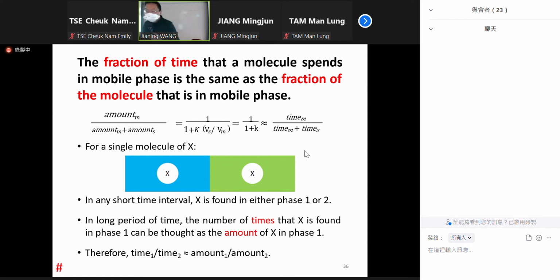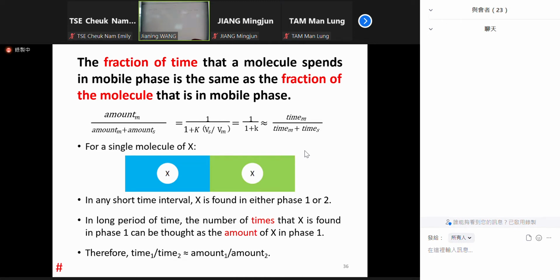So if you measure the single X for a long time, you can count how many times it exists in this phase or how many times in phase 2. So it's equivalent to another case.